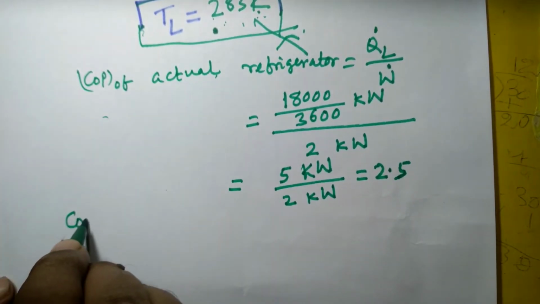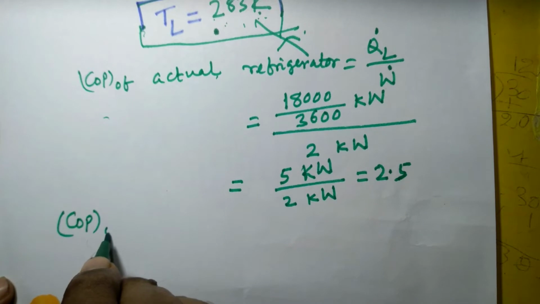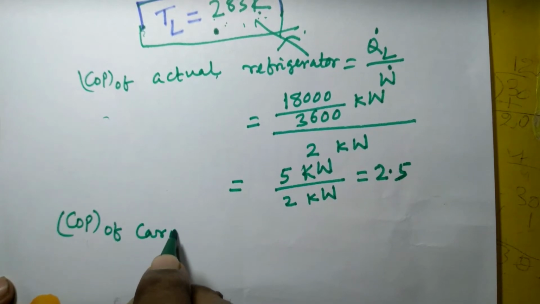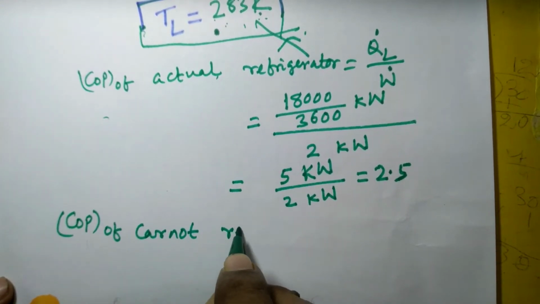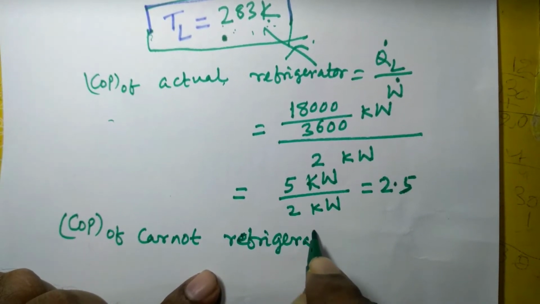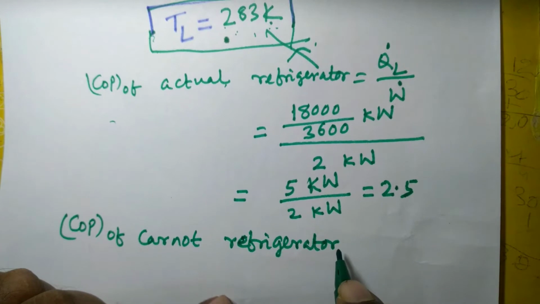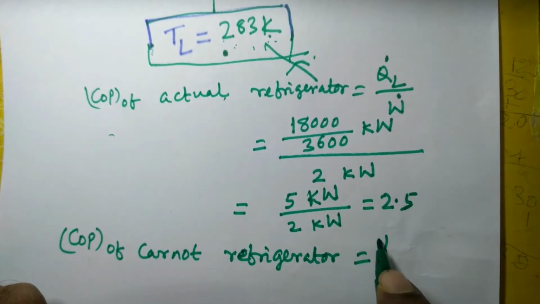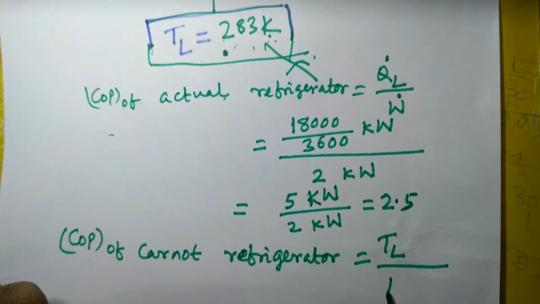COP of Carnot refrigerator operating between these two temperature limits TH and TL, which we have already discussed, is TL divided by TH minus TL.